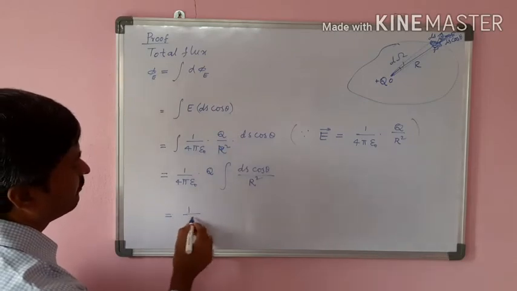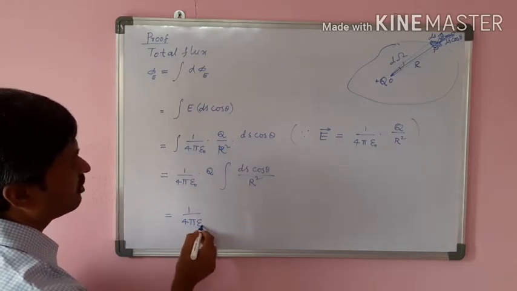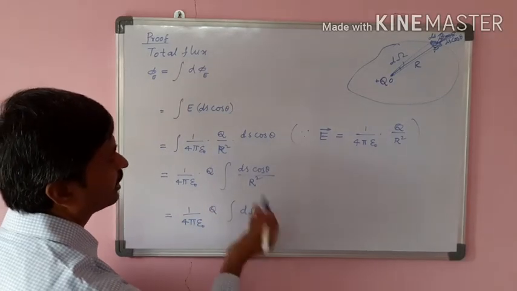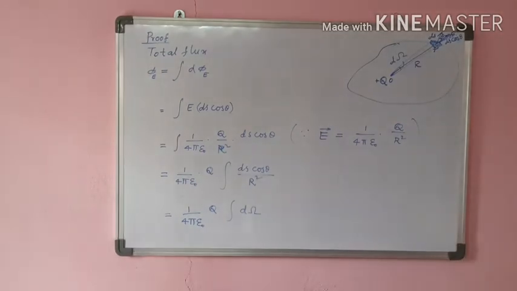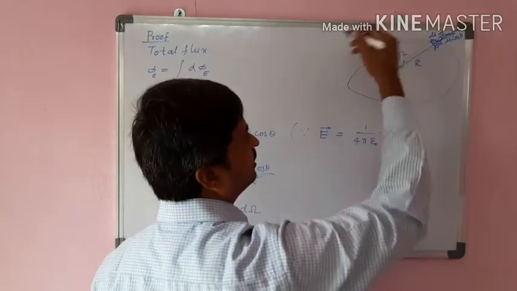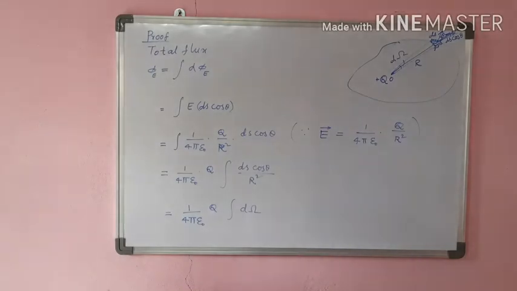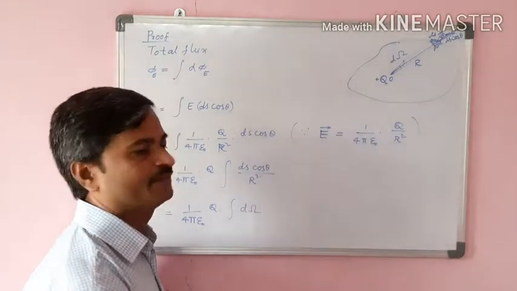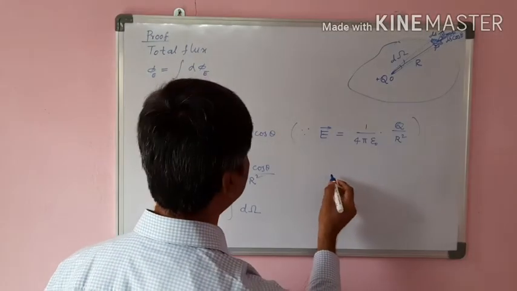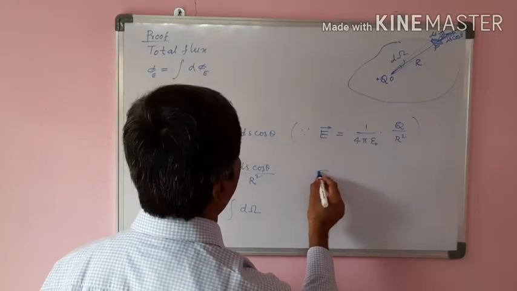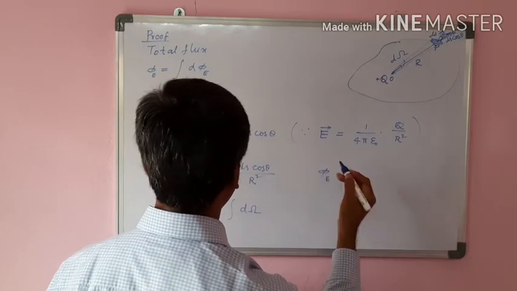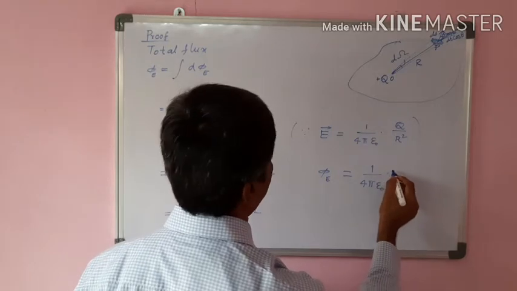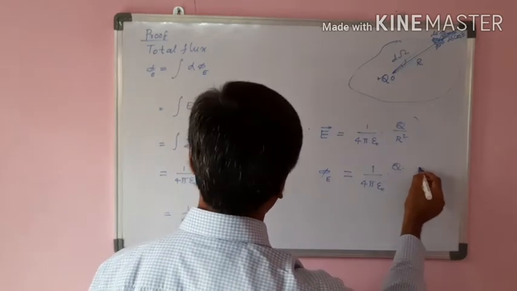Then we write 1 by 4 pi epsilon naught q into integral of d omega. Now we know the total solid angle is simply 4 pi. So we write phi e is equal to 1 by 4 pi epsilon naught into q into 4 pi.